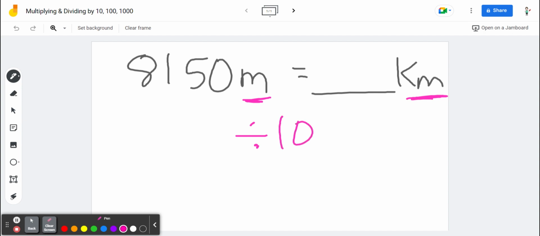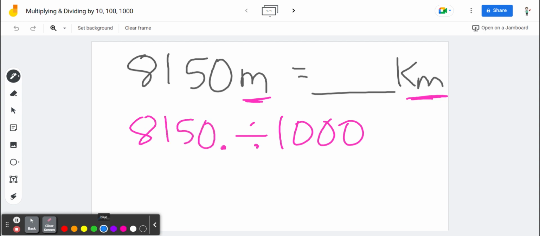There's 1,000. So we'll be dividing by 1,000, 8,150. Remember, your decimal point is here. How many zeros do you have? Remember, you're going to move the decimal to the left now because we're dividing. Pause the video, solve the problem, and come back in just a second to check your work.